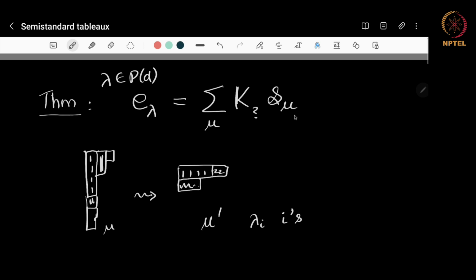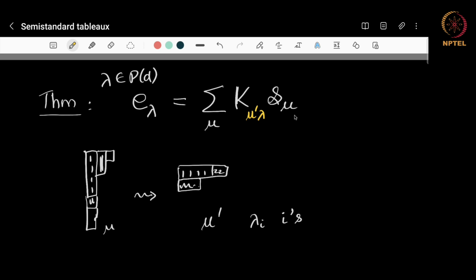Okay, so this semi-standard tableau now that I am talking about here, what is this number? It is the number of semi-standard tableaux whose final shape is mu prime and whose type is lambda. So I've just rephrased this.